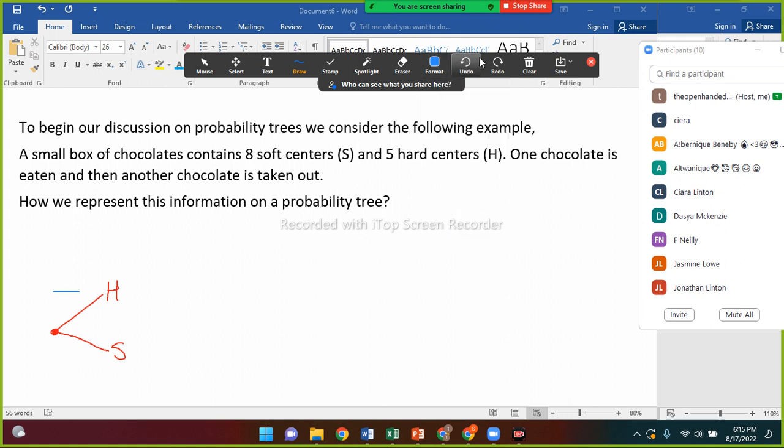Oh, 13. Okay. So we know that we have 13 chocolates in general. And how many have a hard center? 5. So the probability of getting a chocolate that has a hard center is 5 out of 13. Okay.